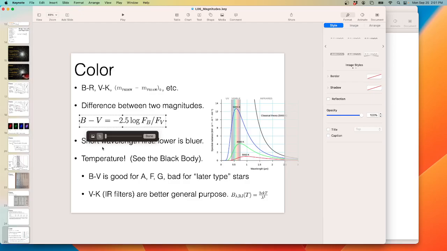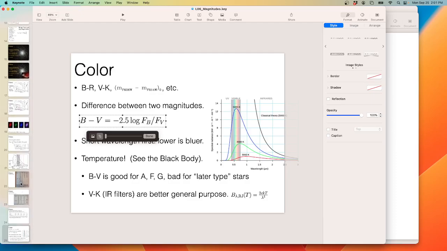All of this is just some number that you look up, or sort out some other way, or I will show you. So I'm happy saying B minus V is minus 2.5 times the log of B over V.